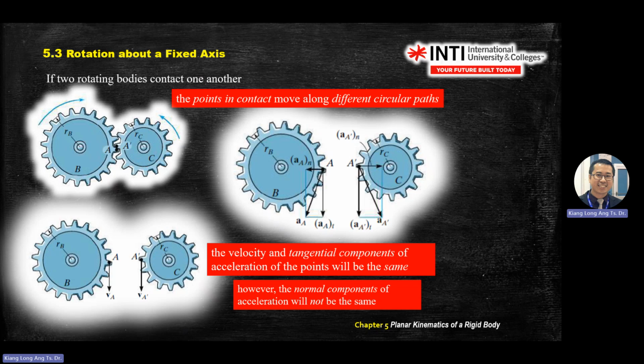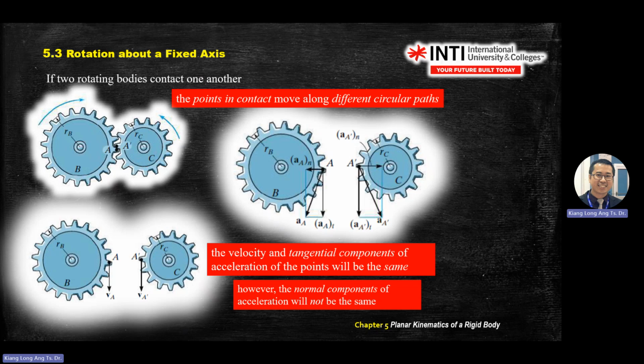R is always the same or always given. So sometimes omega is given, you can find V. Once you find V, you can find AT and AN because it's circular motion. Here, circular motion, you have AT and AN. And if you're given V, you can find omega.